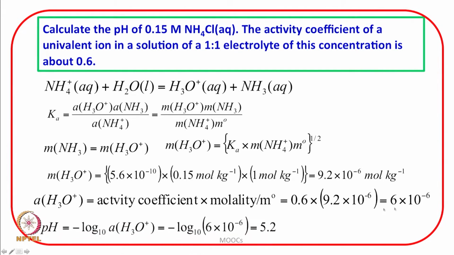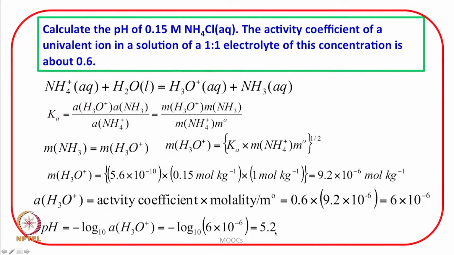When you substitute into the pH equation, pH is minus log base 10 activity of H3O plus, the overall value comes out to be 5.2. And that is what I said in the beginning, that being a very weak acid, it will be lowering the pH of water from 7. pH will be less than 7, and therefore what we got is the pH value of 5.2.